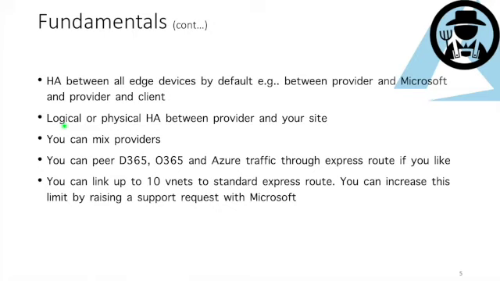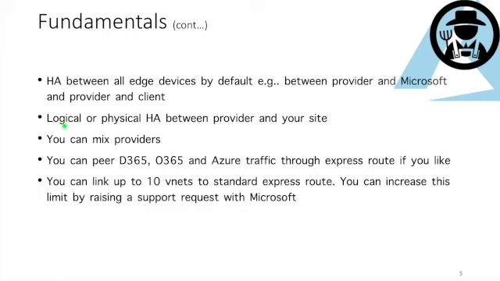So that's one way of looking at it. The other way is when you're getting actually two fibers coming in, and you have physical segregation of that high availability connection coming to your premises. That is something you can check with the provider, and they will let you know whether it's logical or physical.